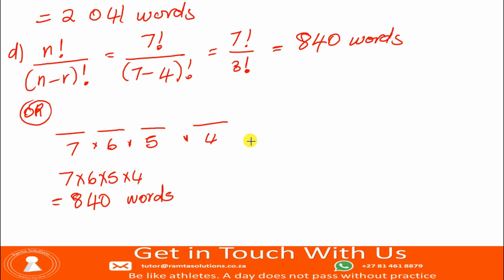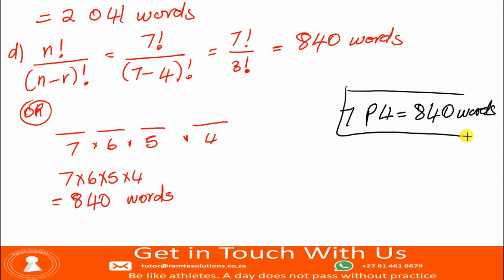Now for my formula, if you like, 7 permute 4. What do you get? You also get 840 words. Okay, when you use permutations on your calculator directly, you get 840 words.